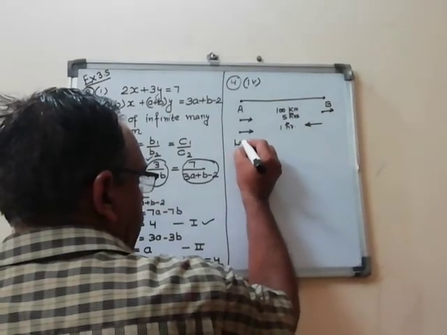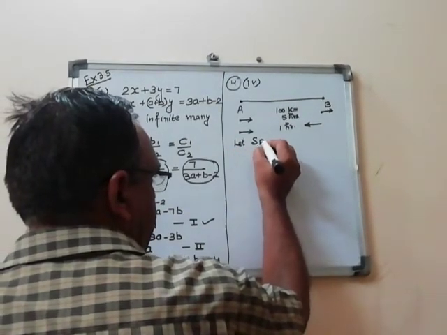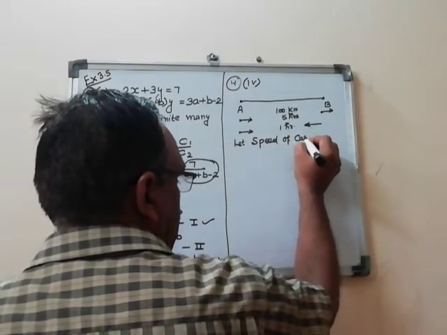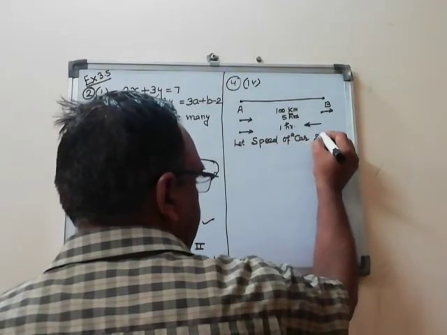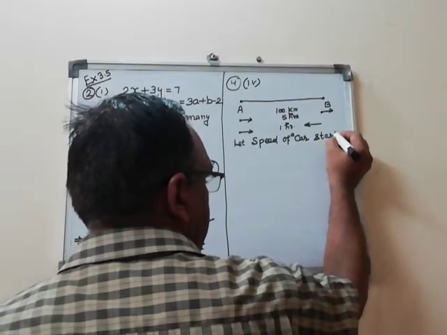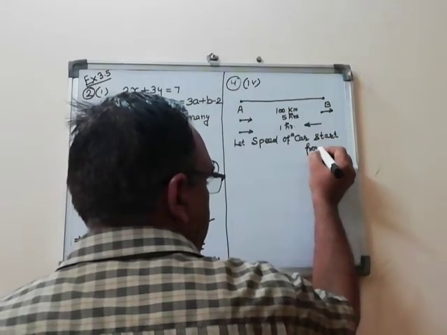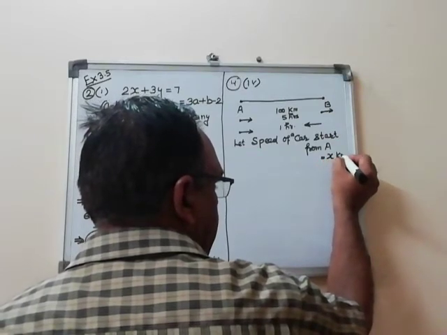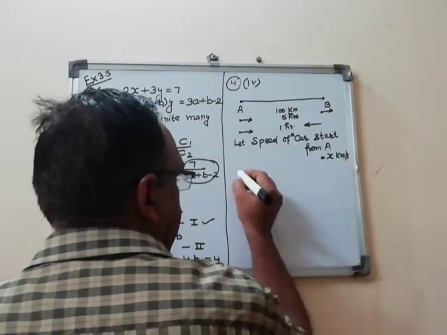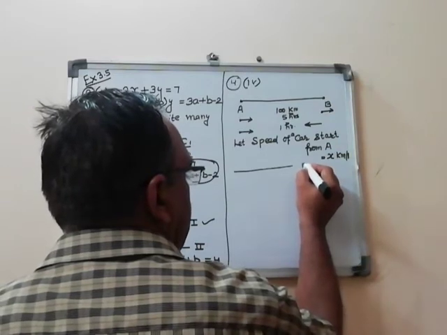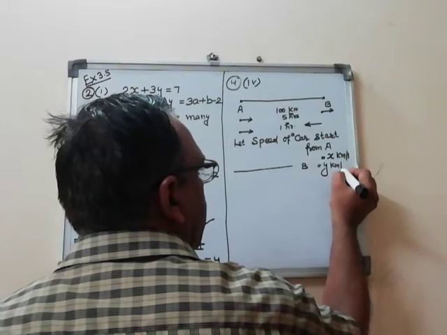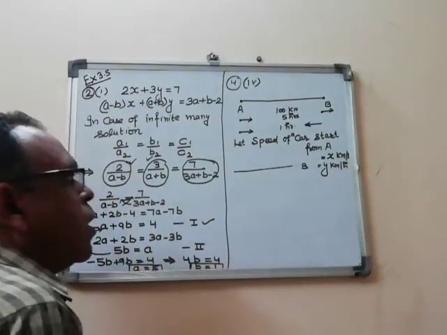Let the speed of the car starting from A equal x kilometer per hour, and the speed of the other car starting from B be y kilometer per hour. Clear?